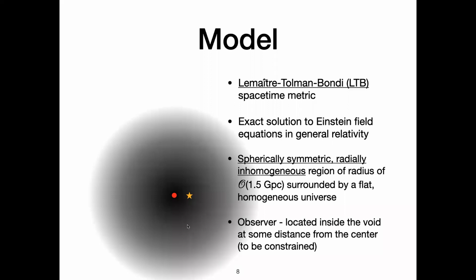As I said earlier, this is a local void. That means the observer, denoted by the star here, is located inside the void region, at some distance from the center of the universe. Because the assumption of homogeneity is violated here, this universe has a special position, which is the center, and the observer is located at some distance from it.